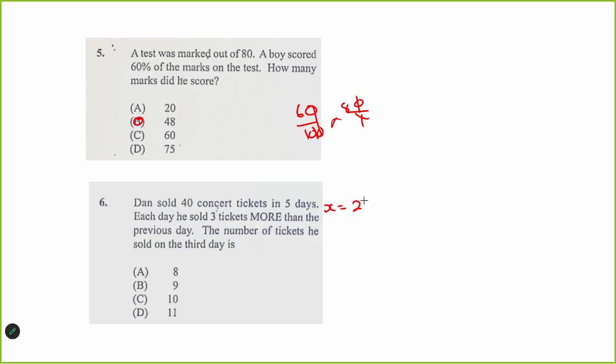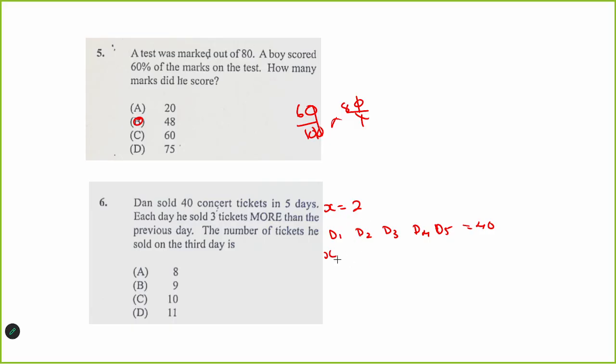We're doing this one. So we have day 1, day 2, day 3, day 4, day 5. We know if you add it up, you're going to get 40. All we know about this question is each day he's selling 3 tickets more.